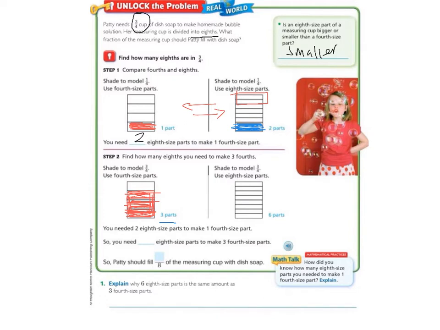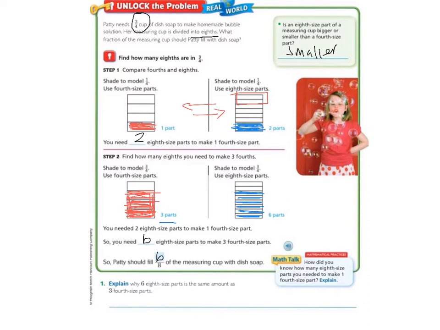So that means I need to color in 6 because 2 times 3 is 6. So 1, 2, 3, 4, 5, 6. So you need 2 eighth size pieces to make 1/4, which means you need 6 eighth size pieces to make 3/4. So Patty should fill her cup to 6/8 full of dish soap.